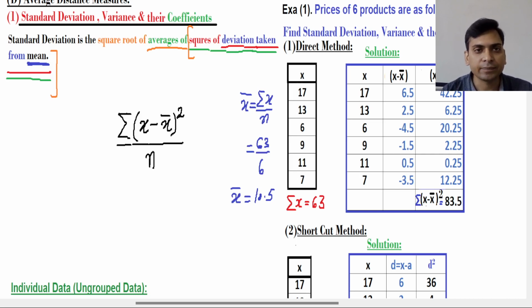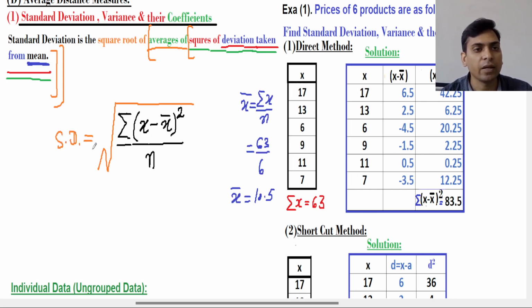After that, we will take the square root of this complete term. This is the standard deviation, SD, and standard deviation is also denoted by sigma. It's not 6, this is considered sigma.